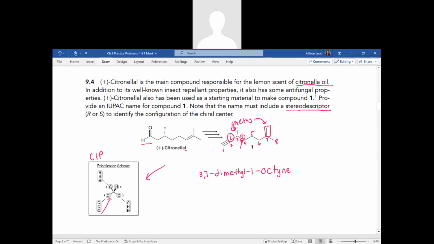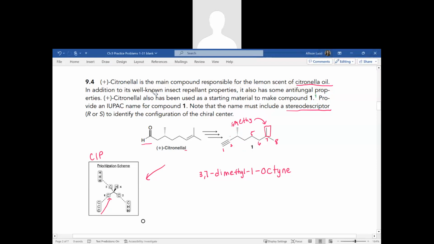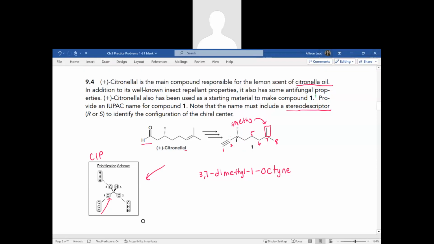And then, this is kind of crowded in here, so I'm going to erase some of this stuff. We also know that we have a hydrogen, so that's our 4th group, and that would be on a wedge. So our final priorities will be 1, 2, 3. Then if we were to draw our circle, it would end up being counterclockwise, or S orientation.